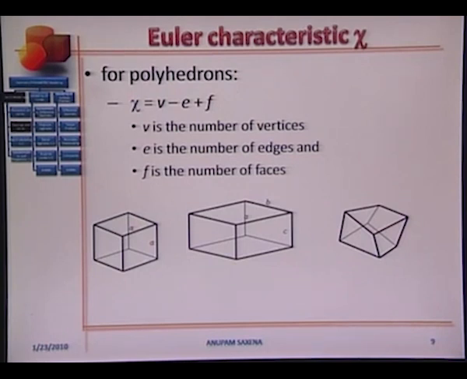We have seen earlier that each of these solids can be homeomorphically transformed into any other via bending, stretching, etc. We all know that these blocks would have 8 vertices, 12 edges, and 6 faces.